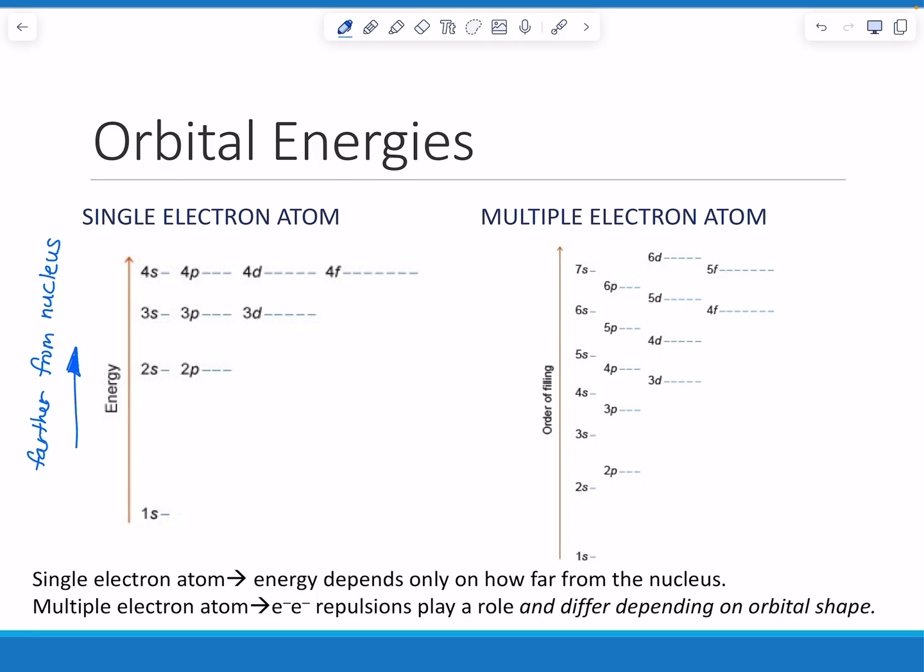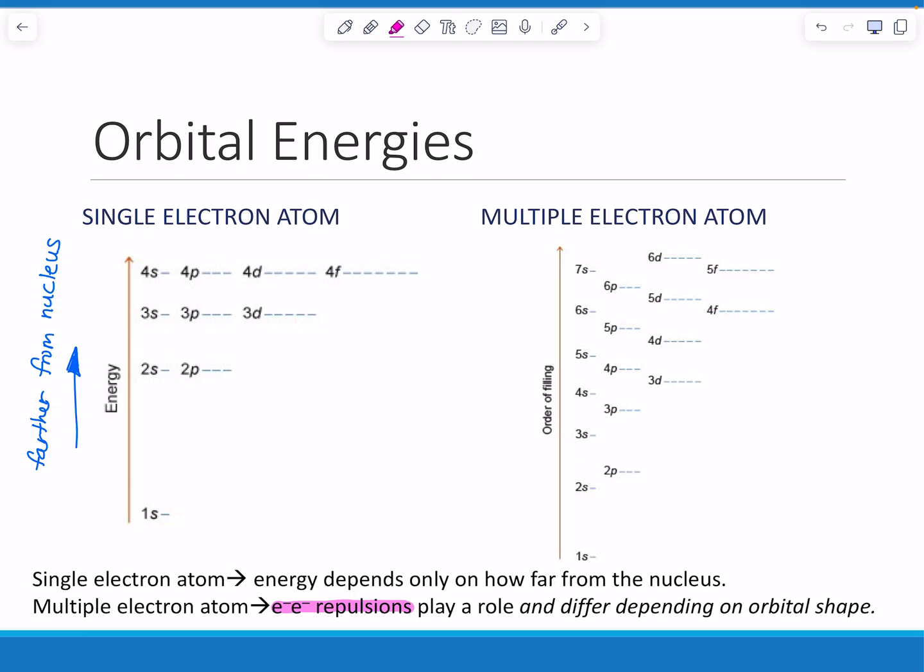So again, in multiple electron systems, we have to consider that electron-electron repulsion, and the impact that those like charges are going to have on one another. And that electron-electron repulsion is going to be different based on the shape of the orbital.